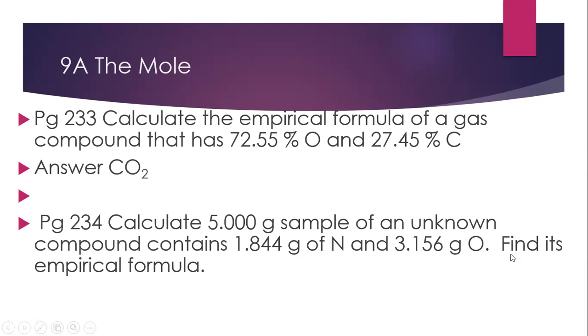So we're going to do exactly the same thing. We're going to convert these to moles, okay? Once you convert them to moles, then you divide them by the smallest mole. And this one actually, when we get the ratio, remember Melissa Maribel said if it's like 1.5 or half, then you double it, okay?